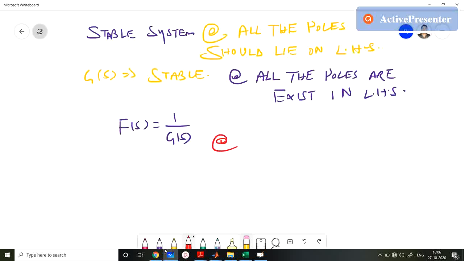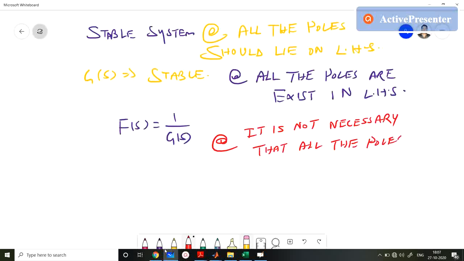So it is not necessary that, for the other function 1 divided by G(s), all the poles will exist on the left half only.